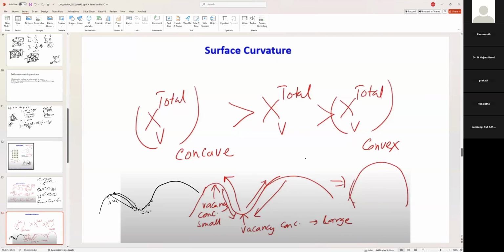So mass will diffuse toward the concave location. Slowly, due to this diffusion, this radius will decrease and it will become something like this. Eventually, in this area, it will become flat. But if you see the entire particle, it will become spherical, a transition towards one spherical particle, if you allow diffusion to take place.